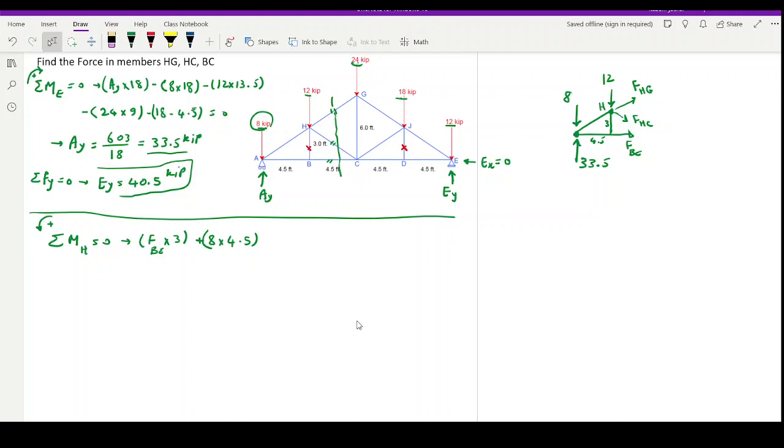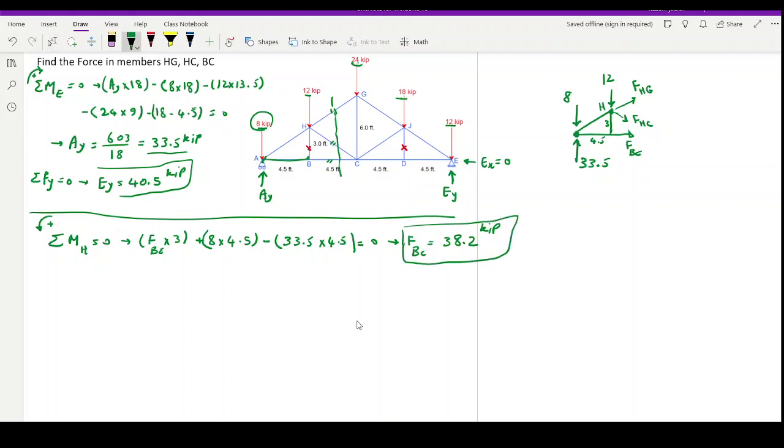This is 8, and the distance from H is this one, which is 4.5, and minus 33.5, again the distance is 4.5, is 0. From there I can calculate FBC, which is equal to 38.2 if you run it. So I calculated one of the unknowns.